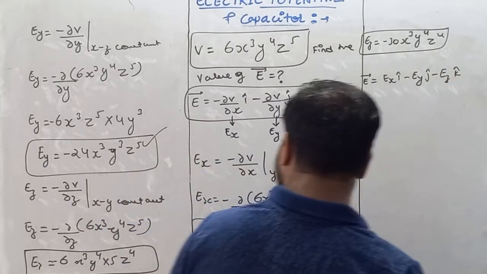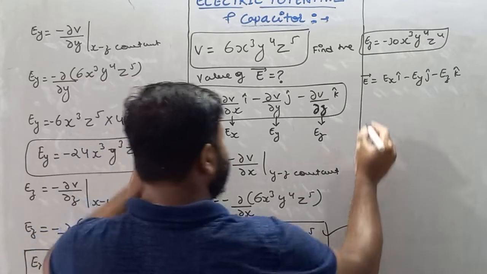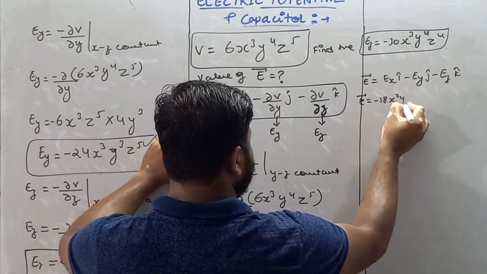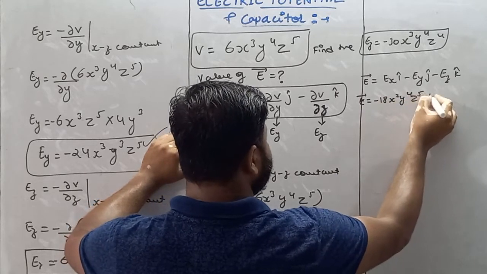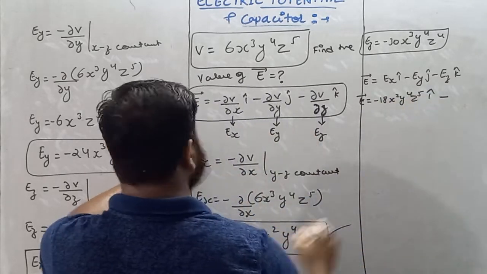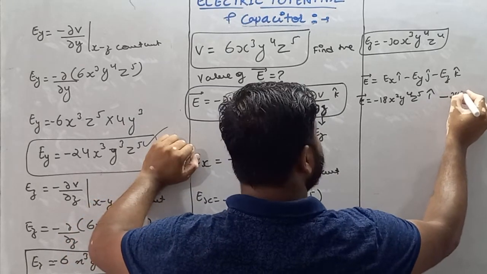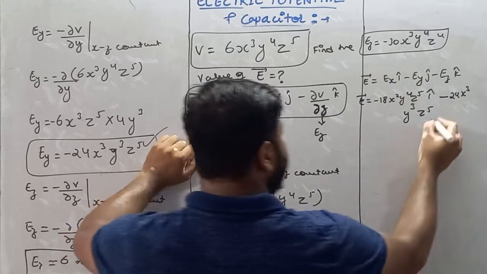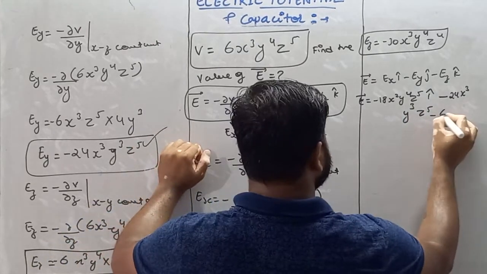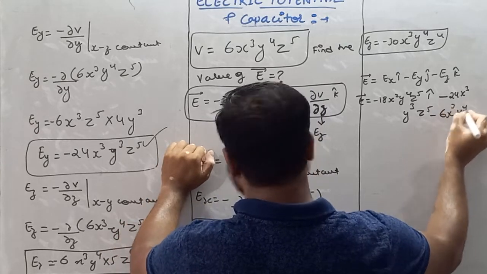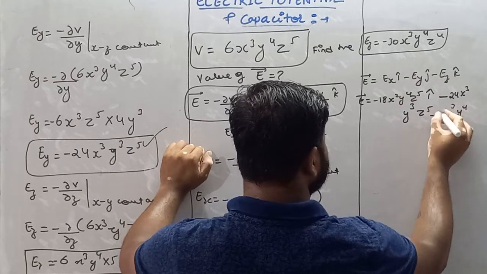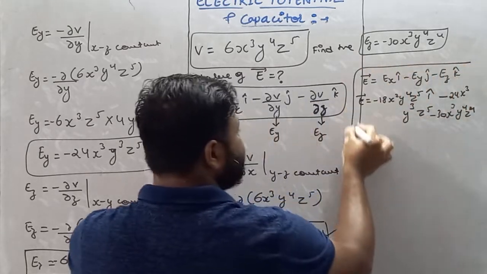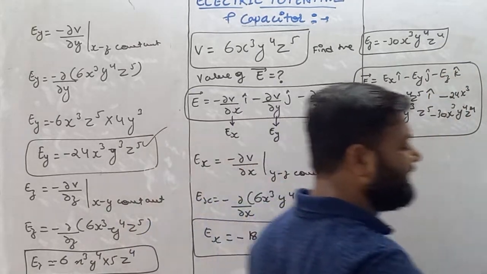So E vector is equal to minus 18x square y raised to the power 4 z raised to the power 5 i cap, minus 24 x cube y raised to the power 3 z raised to the power 4 j cap, minus 30 x cube y raised to the power 4 z raised to the power 4 k cap. So this is the value of the electric field.